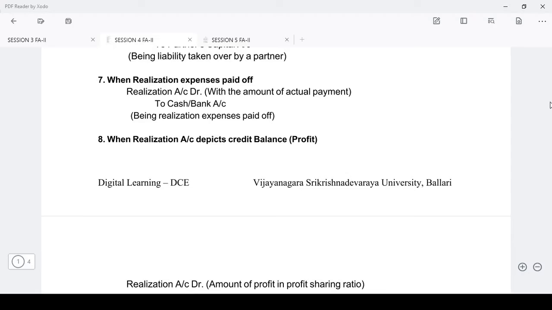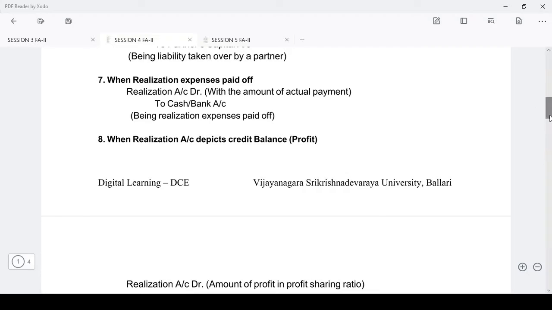Then look at entry number 8. After transfer of assets as well as liabilities, and after sale of assets or assets taken over by a partner, as well as the payment of liabilities or a liability taken over, and the payment of realization expenses, we go for balancing of realization account.